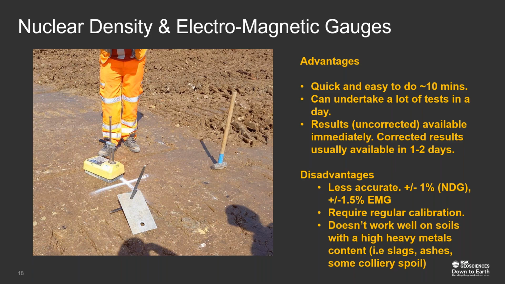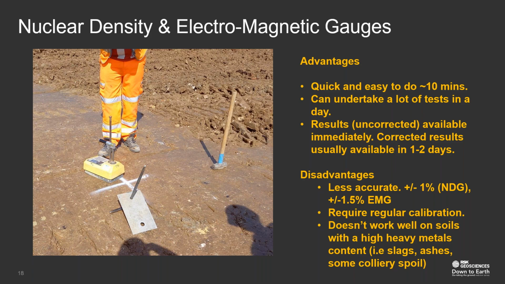Okay, so when we've measured our moisture content, the material's good to go. We've placed it and put it into the ground. We've rolled a layer. We can now start testing it with field testing equipment. The quickest and cheapest method is using nuclear density and also, I suppose, the new kid on the block, electromagnetic density testing.